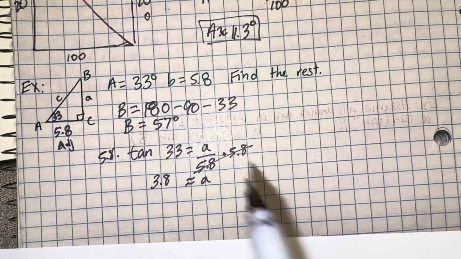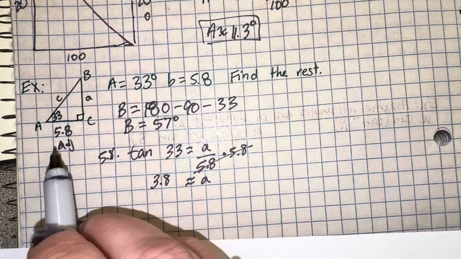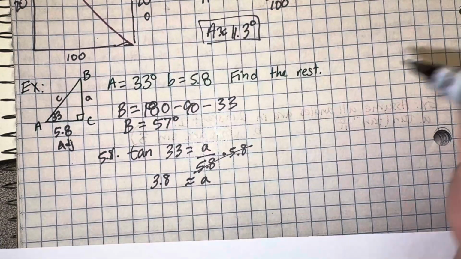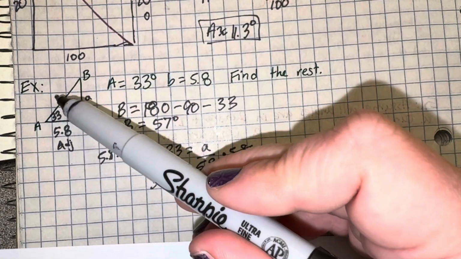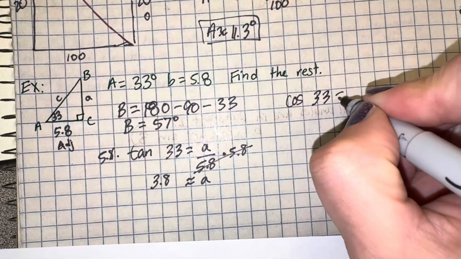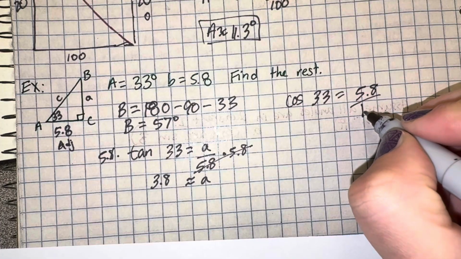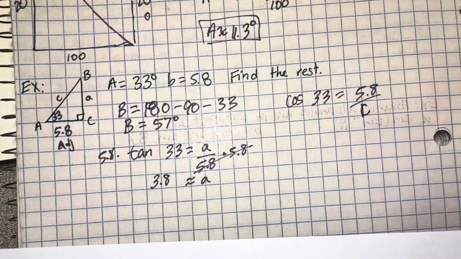You have 2 sides now, so you could potentially use the Pythagorean theorem, or I can use this side I know and another function. So I have my adjacent and my hypotenuse. So I know that that's going to be the cosine of 33 degrees, adjacent over hypotenuse, which is my c, and I'm going to solve that.